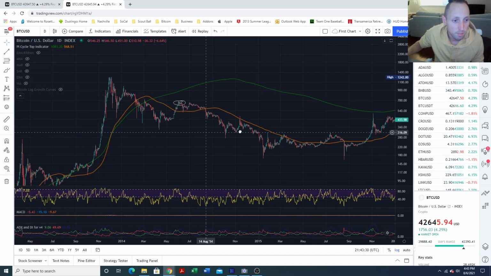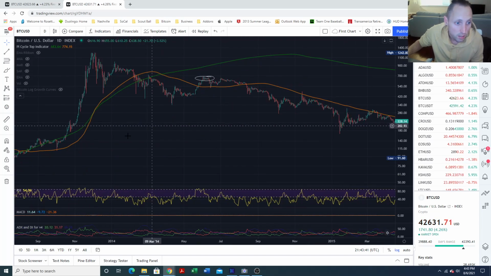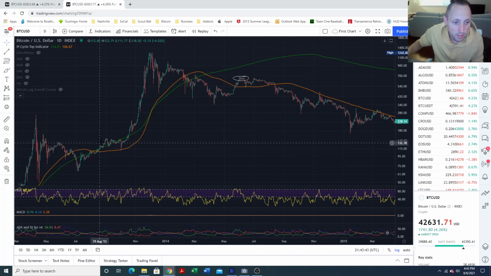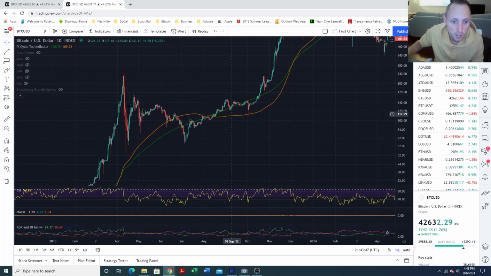Each time, Bitcoin has actually used these lines as support and resistance. It's come down over here. This is 2013. Here's a point of contact right here.